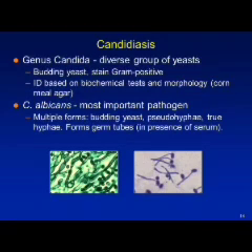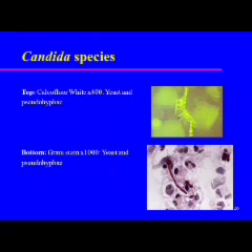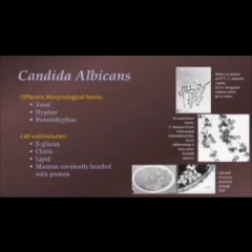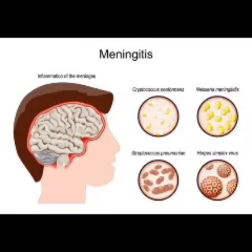Skin, non-deep, non-keratinized layer, granuloma, suppurative polymorph material, all that you have. Arthroconidia, chains of arthroconidia, branched septate hyphae.